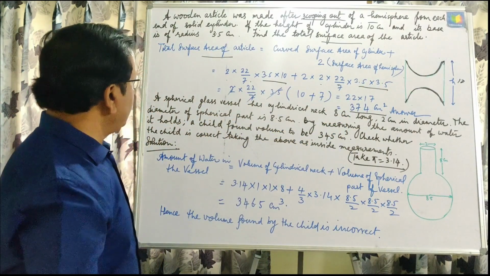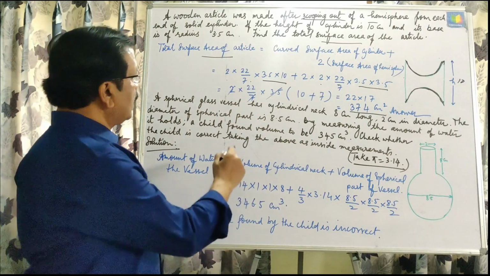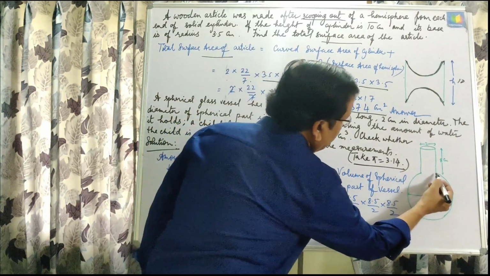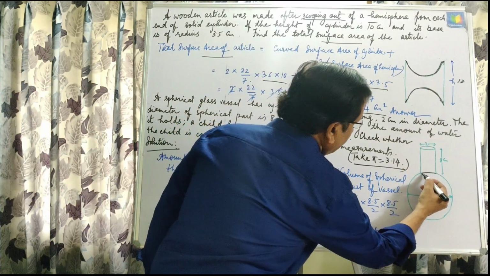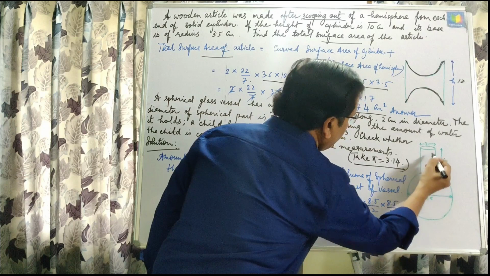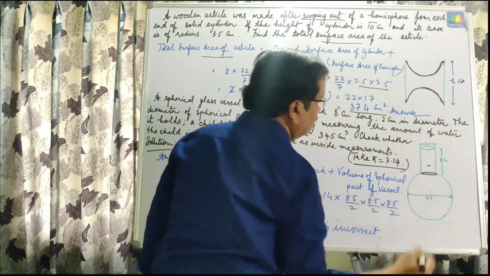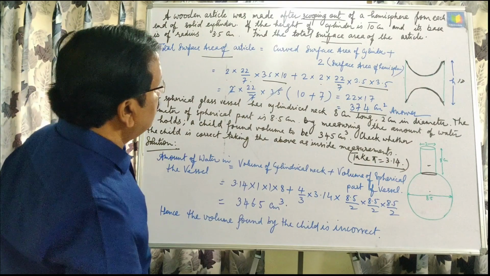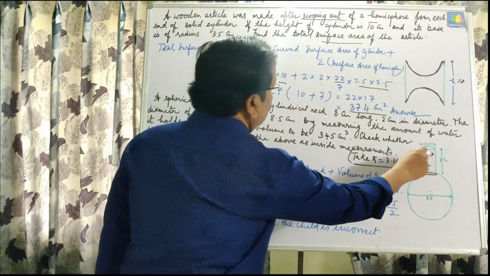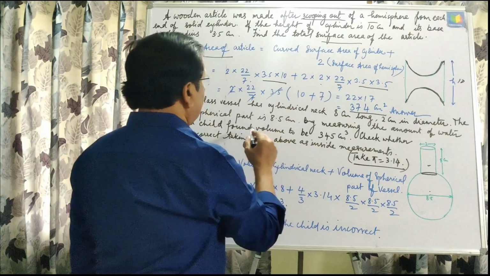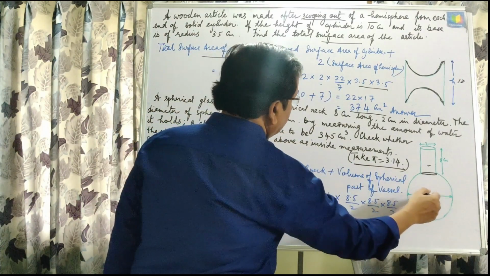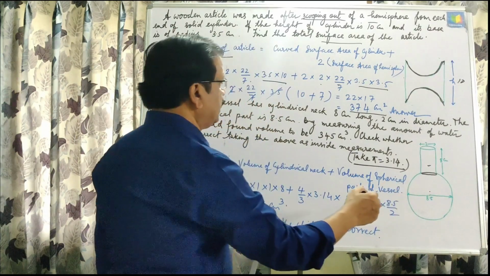Okay, and in next question, a spherical glass vessel has a cylindrical neck. This portion is cylindrical, and once we are filling water in this, then this cylinder and this sphere will be there. It is 8 centimeter long and 2 centimeter in diameter. The diameter of spherical part is 8.5 centimeter.